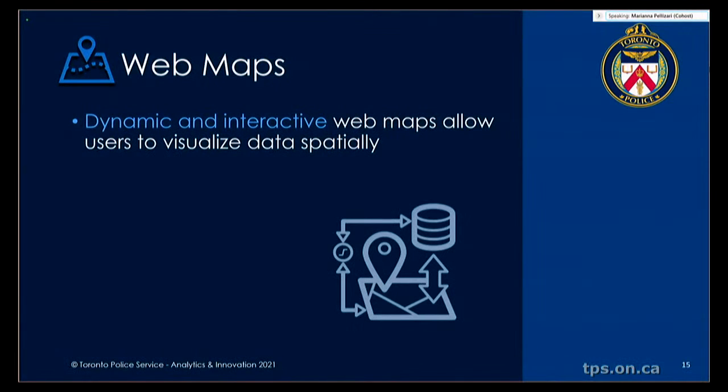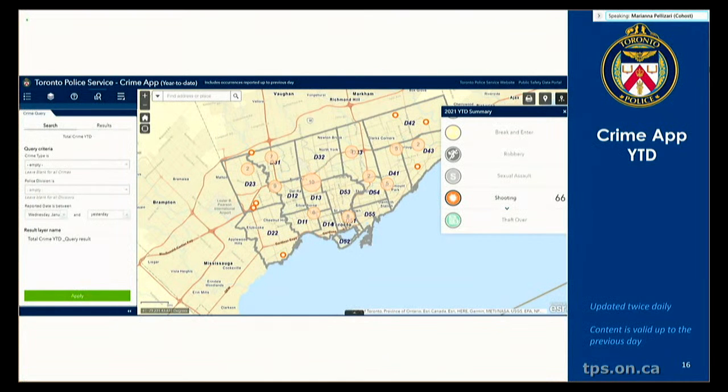The Toronto Police Service also provides web mapping applications to visualize data spatially. These dynamic and interactive web mapping applications allow users to visualize crime and traffic data where it occurs. Web mapping applications associated with downloadable open datasets are updated upon the release associated with that dataset. So firstly, we have the TPS Crime App.